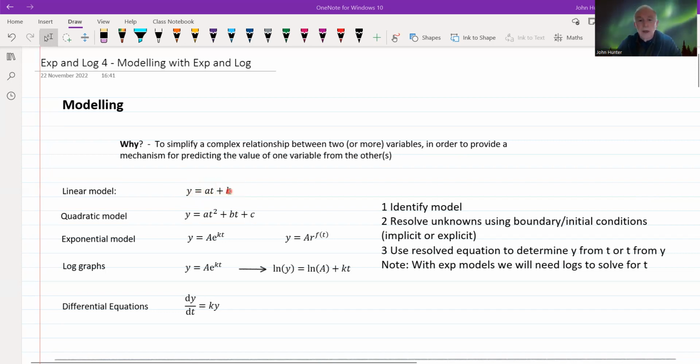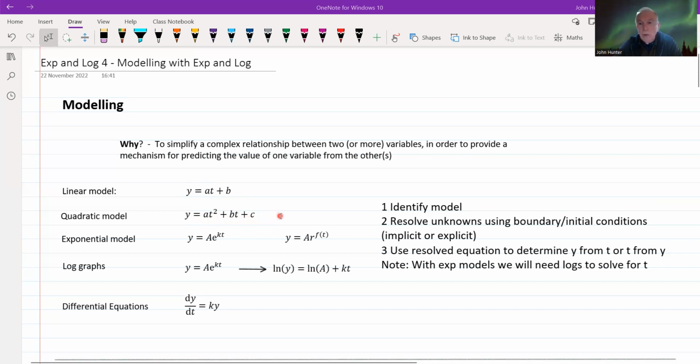A and b will be unknowns, and this relationship won't be useful until we can actually find out what a and b are. So we have to resolve for those. Quadratic models have something of this form. Again, here a, b, and c are unknowns.